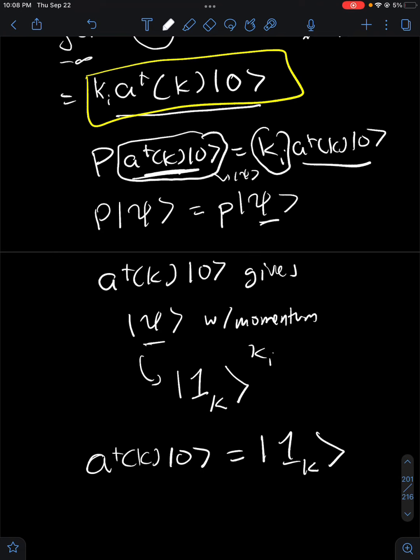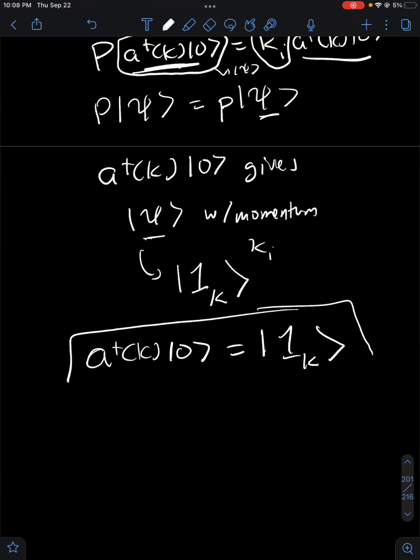So yeah, this is a very important aspect of quantum field theory, because remember that this A conjugate k was the term for a Fourier coefficient in the mode decomposition of our free scalar field. And when it acted on the particle state, we got this state that's a member of the Hilbert space, this momentum eigenstate.